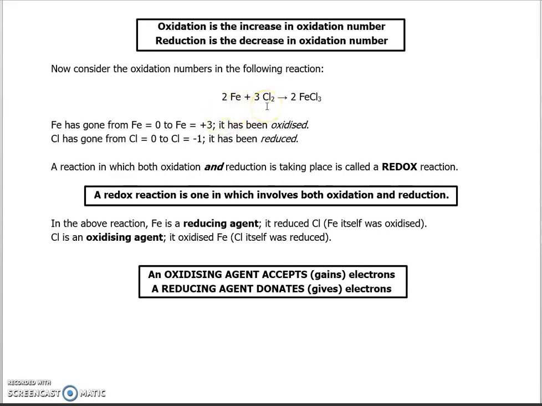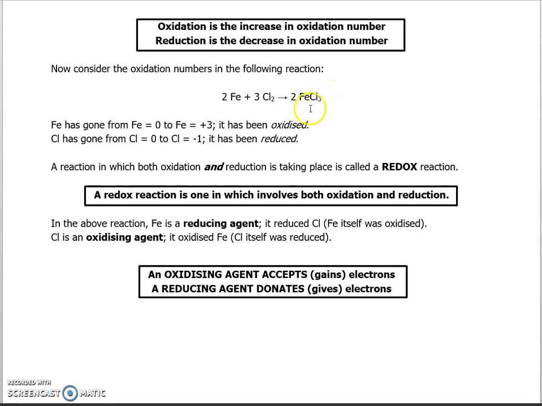And it ends up that iron has an oxidation number of +3. And we know this because we know that chlorides have a charge of 1-. So if we've got 3 lots of 1-, that means that the chlorines are contributing -3 overall.